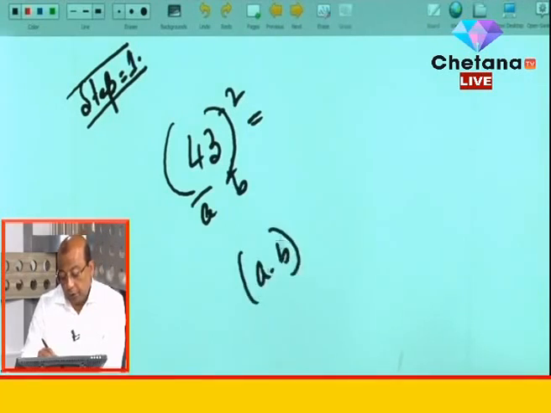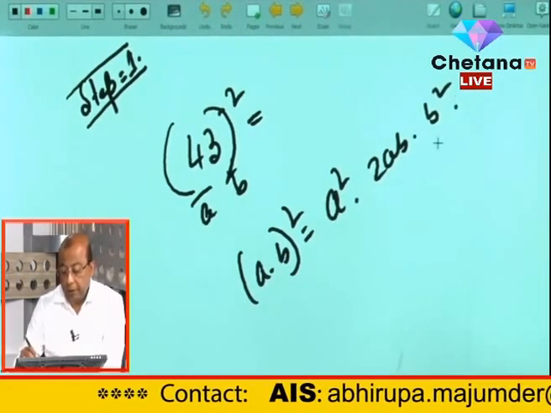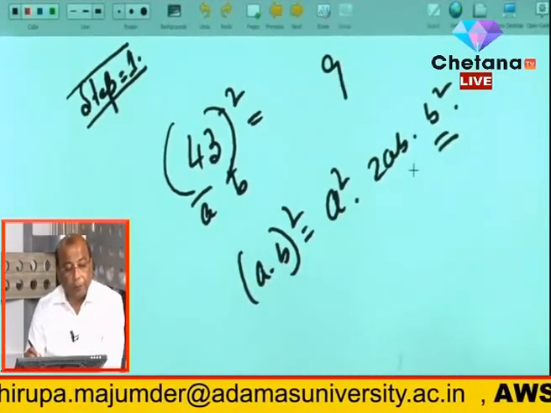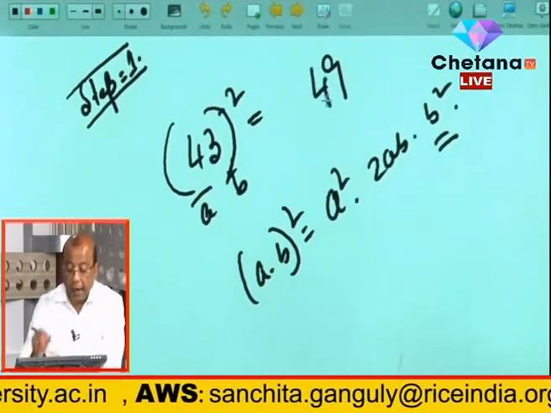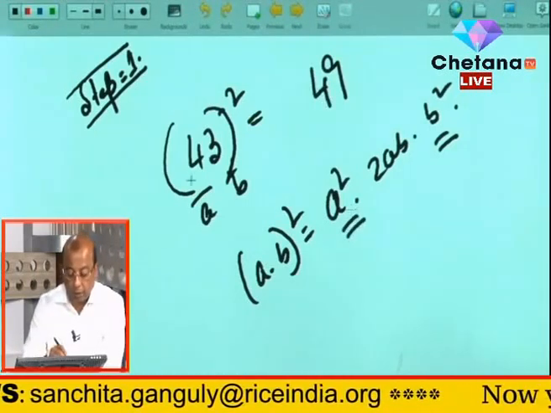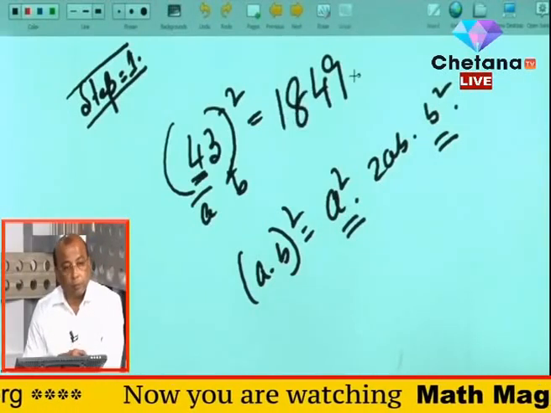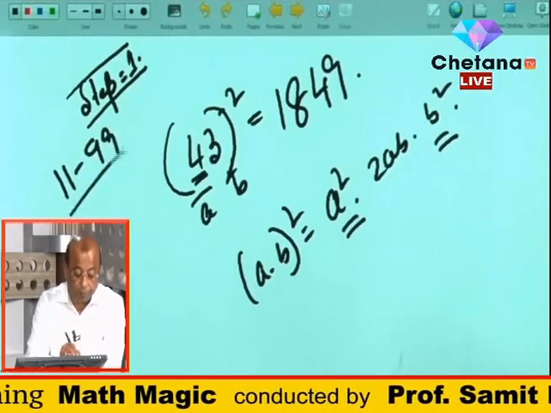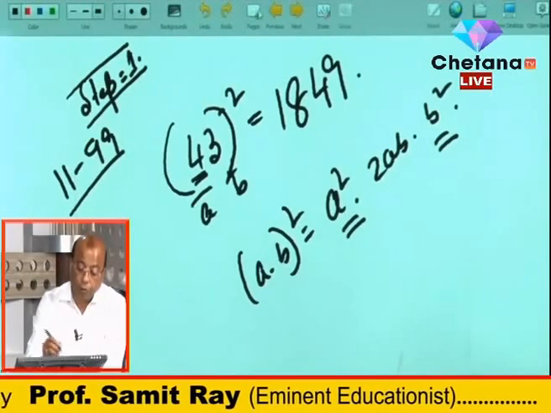A dot B whole square: that is B square, that is 9. 2 into B, 4 into 3 is 12, double, 24. 2 in hand. A square, 16 plus 2, 18. Application range 11 to 99. Okay? And then step 2.